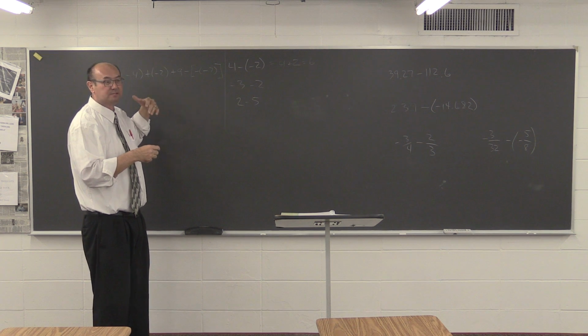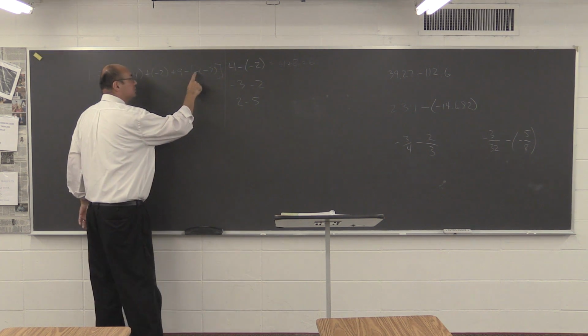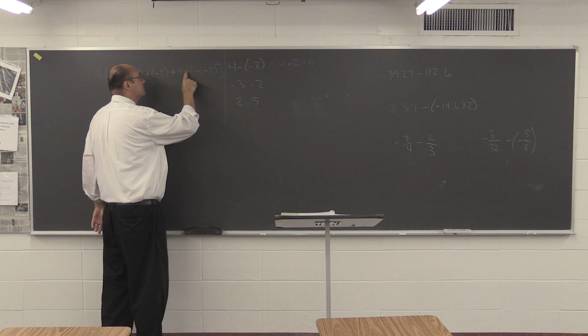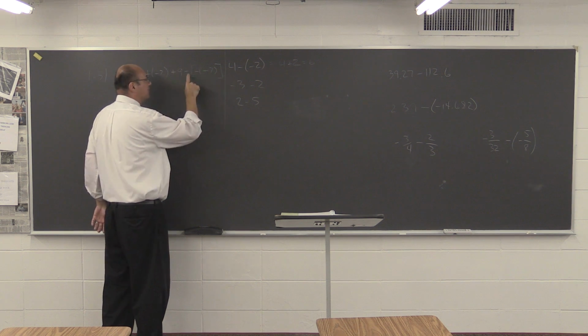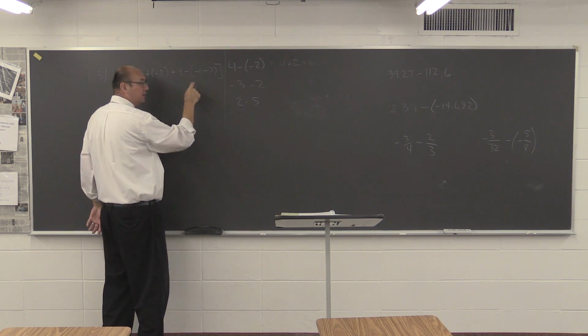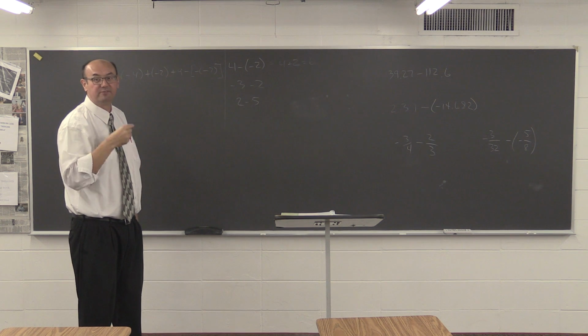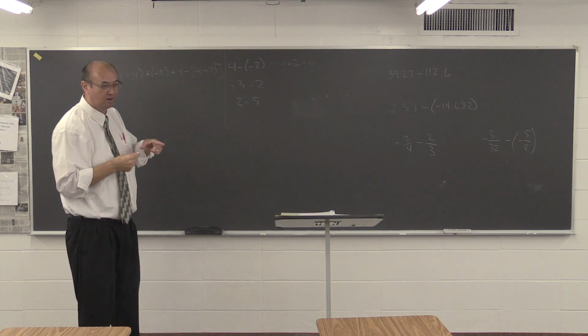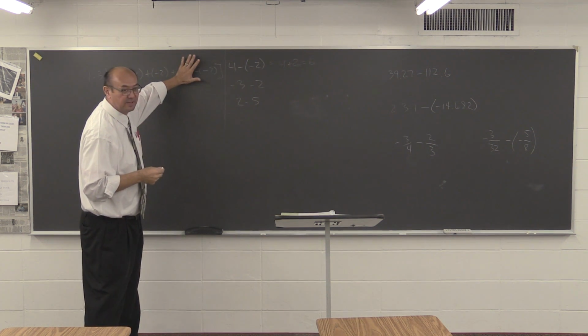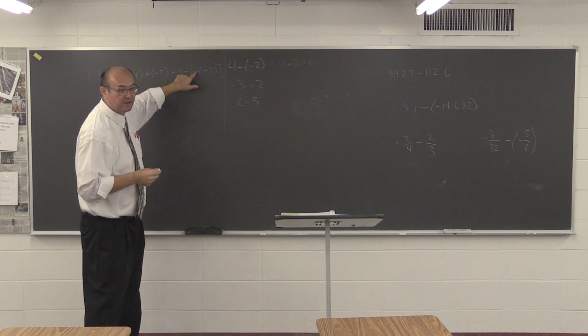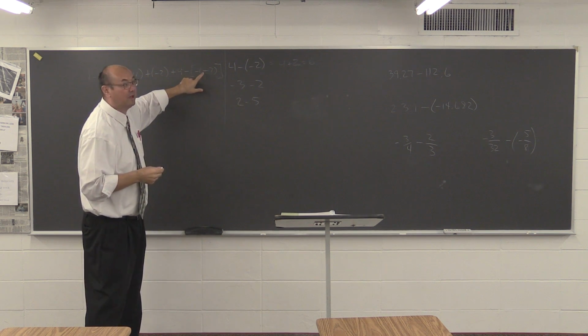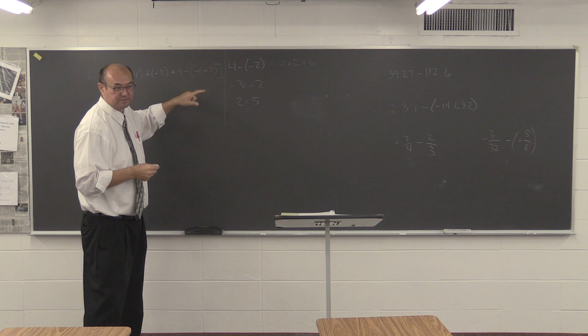Okay, so what ends up happening is, I'm sorry, this would make it positive or negative. So 1, 2, 3, an uneven number of negatives is a negative. This is negative 7. This makes it a positive 7. This makes it a negative 7.